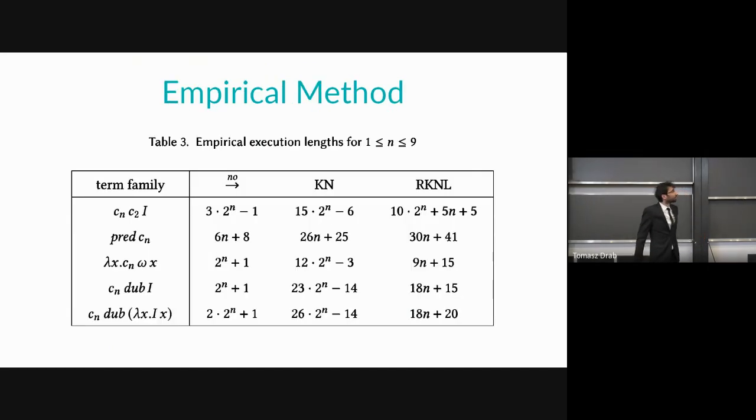What's more, every chapter is accompanied by code that is publicly available. Having this code, we can run these computations, and we can measure how many steps the machine takes to obtain the normal form, and how many reduction steps this strategy in the lambda calculus does.